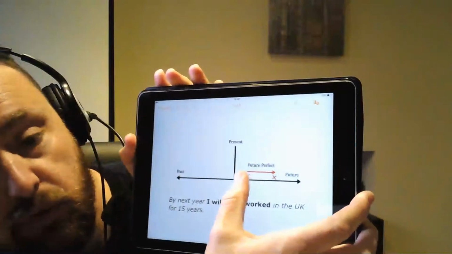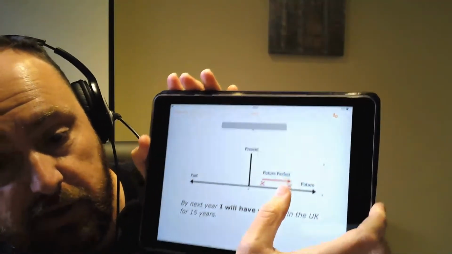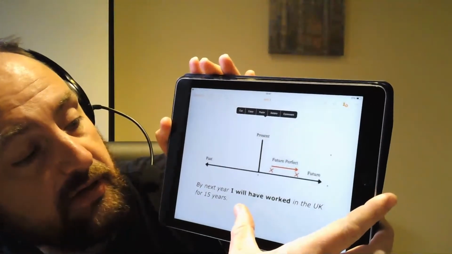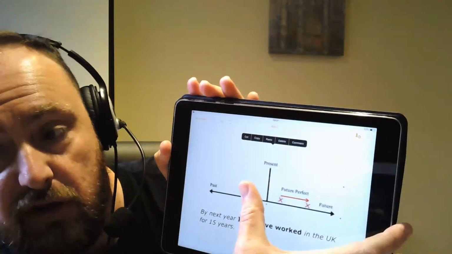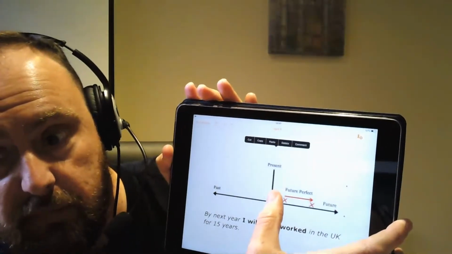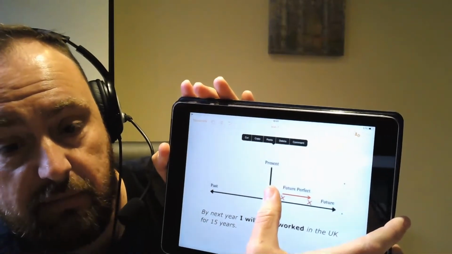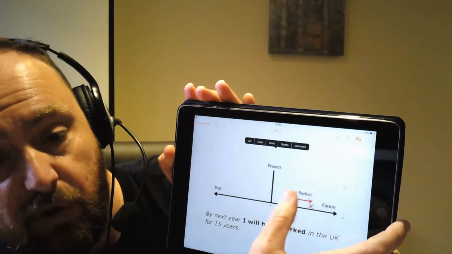So again, we're looking into the future, but we're talking about up until a point. So up until the point this time is by next year. So this point here is next year. So we're talking about from now. Maybe that red line can go all the way back to now, and that would be a better way of thinking about it. But from now until this point, at some point in there.